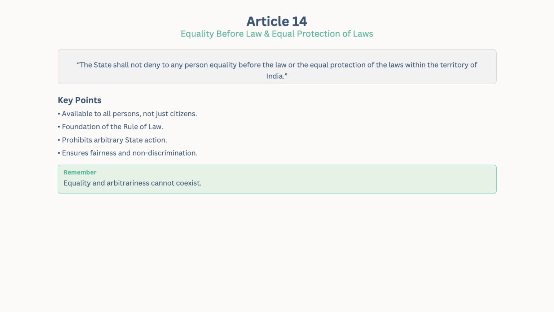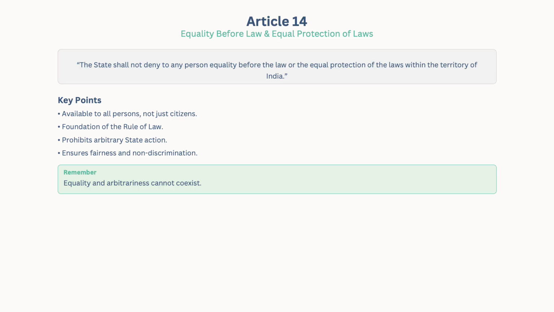Equality before law means it protects us from the state, right? In case you do something, or for the entire community, the law is the same. But equal protection of laws means the state is required to protect you, equally. That is a positive concept.